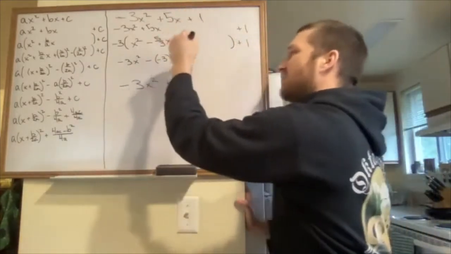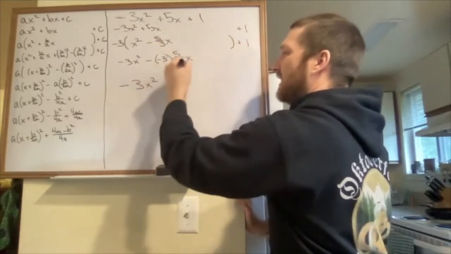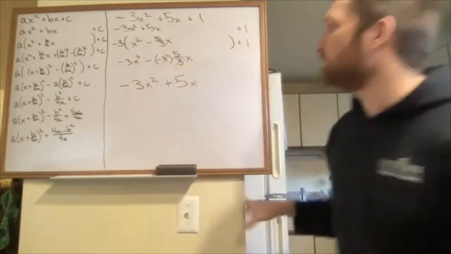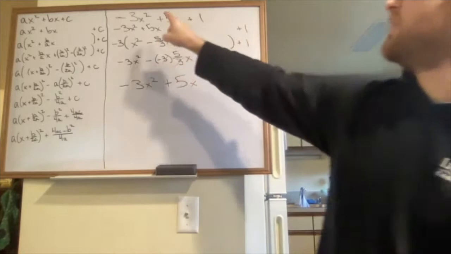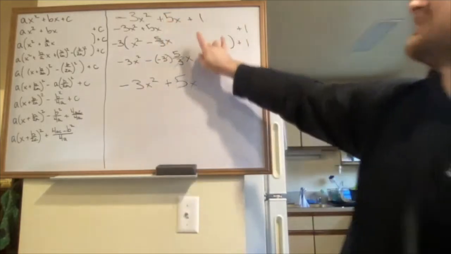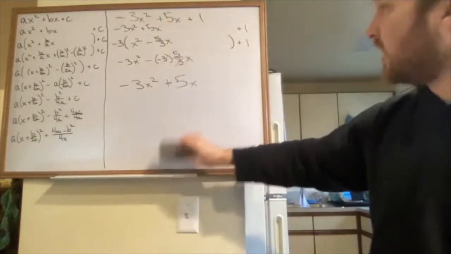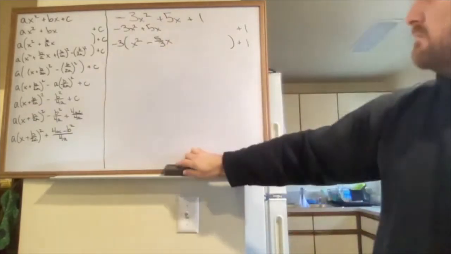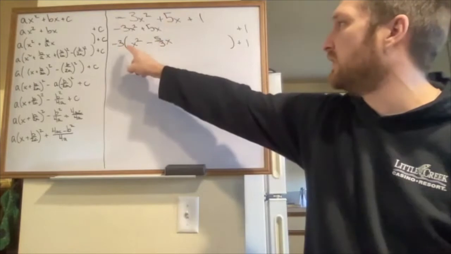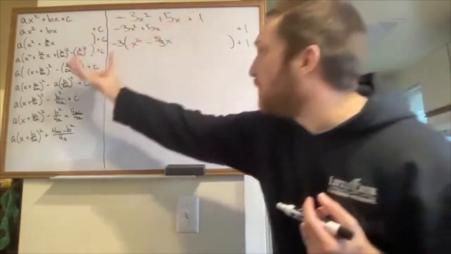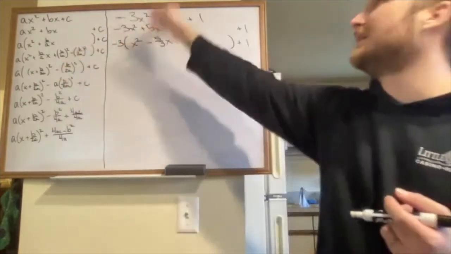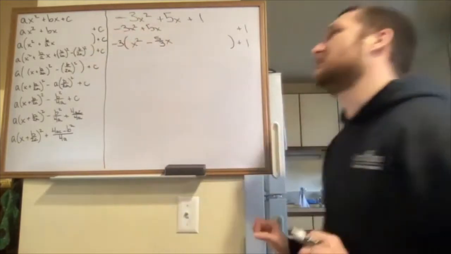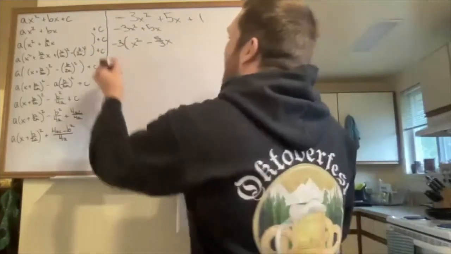The 3 and the 3 are going to cancel, and I'll be left with 5x, which is exactly what we started off with. And so I feel good about this. I pulled out a -3, got that and that. If I brought the -3 back in, I would end up exactly where I started. So I'm feeling good. All right.